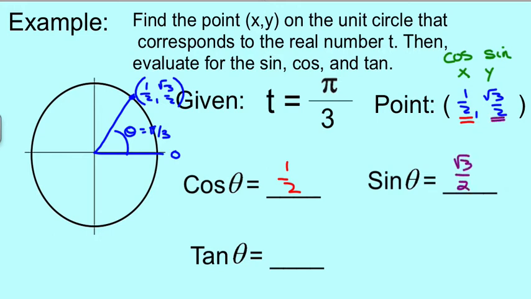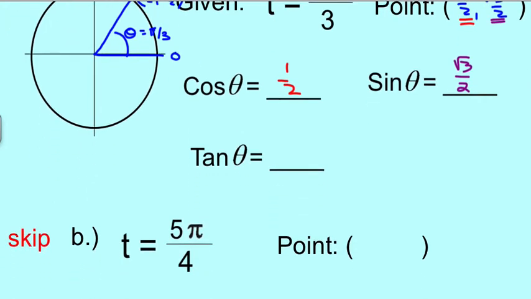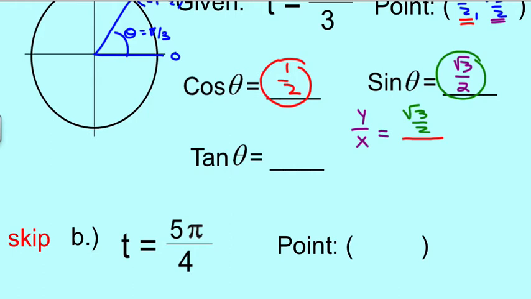Now, to find the tangent, we have to divide the sine over the cosine, or y over x. So we take y, which is square root of 3 over 2, and we divide it by the cosine. We have a fraction over a fraction.